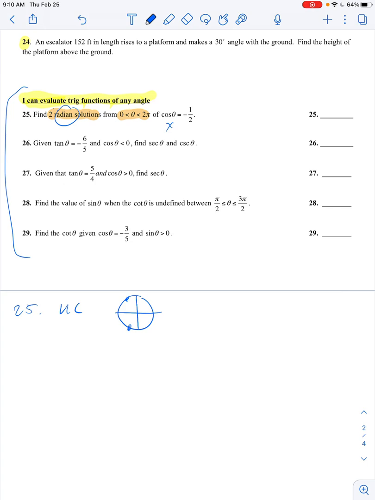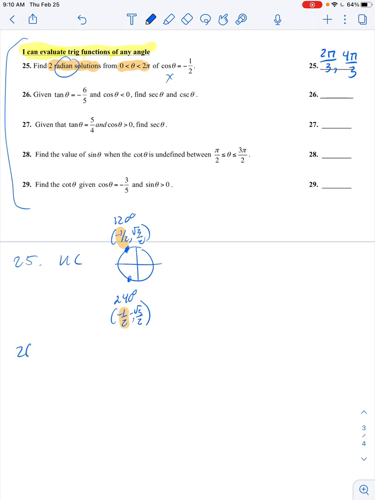If you look on your unit circle, the x is negative 1/2 here at 120 degrees and down here at 240 degrees. In both of those spots, the x coordinate or cosine is that negative 1/2 they're looking for. But it does say radians. So when I look at my radians in those two places, I'm at 2 pi thirds and 4 pi thirds.